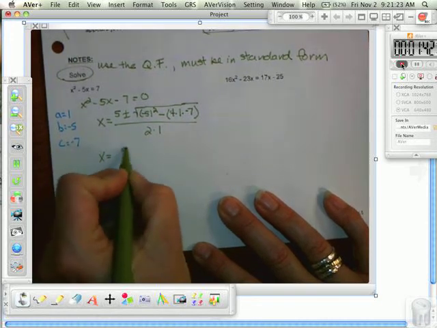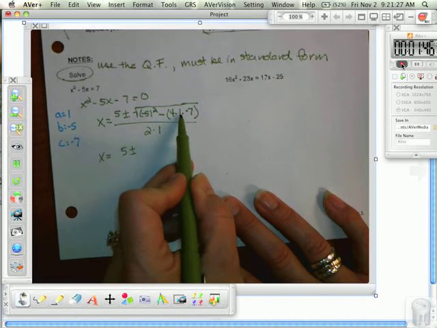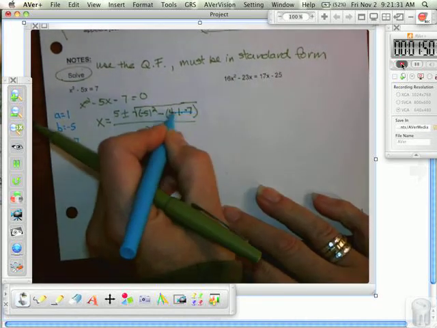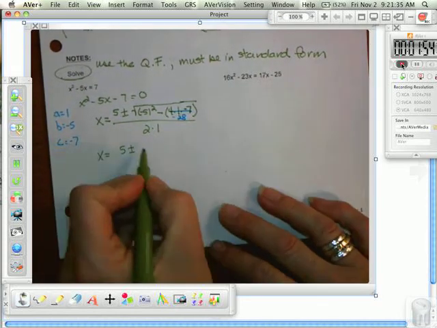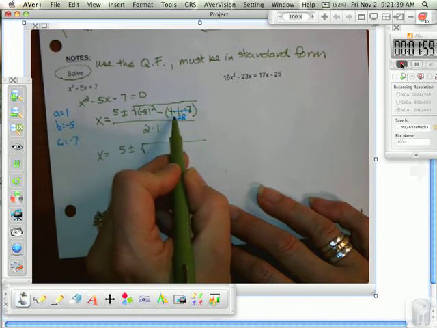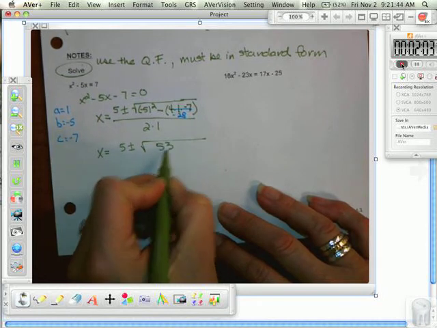So now I'm going to simplify what's underneath here. What's 4 times 1 times -7? This becomes -28. So then I have, underneath the radical sign, 25 minus a minus, which becomes a plus, positive 53, all over 2.